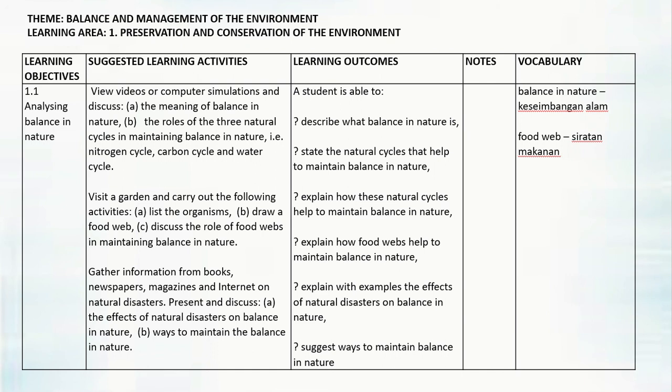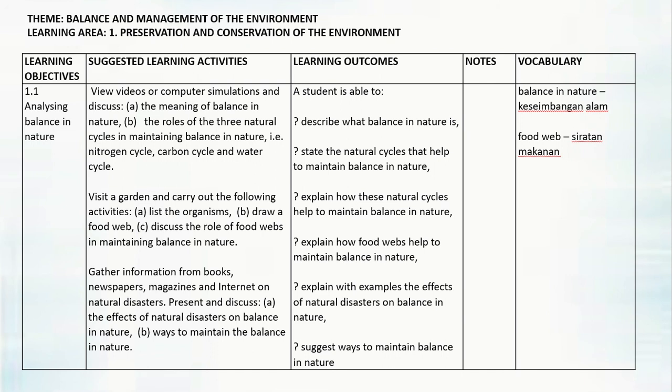The learning outcome is that students will be able to describe what balance in nature is, state the natural cycles that help maintain balance in nature, explain how these cycles maintain balance in nature, explain how the food web helps maintain balance in nature, give examples of the effect of natural disaster on balance, and suggest ways to maintain balance in nature.